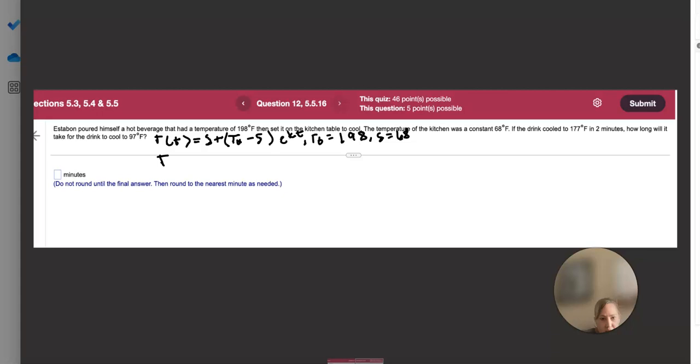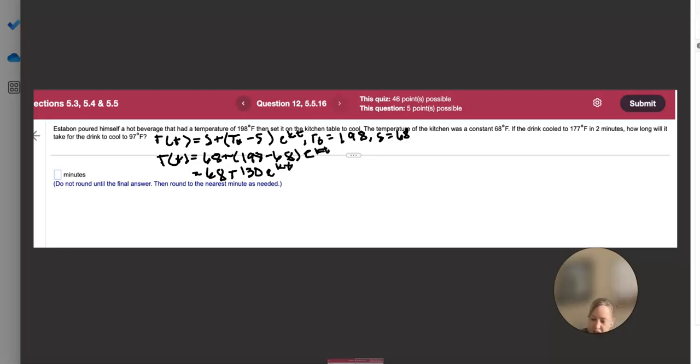We're left with T of t equals 68 plus (198 minus 68) e to the kt, which equals 68 plus 130 e to the kt.